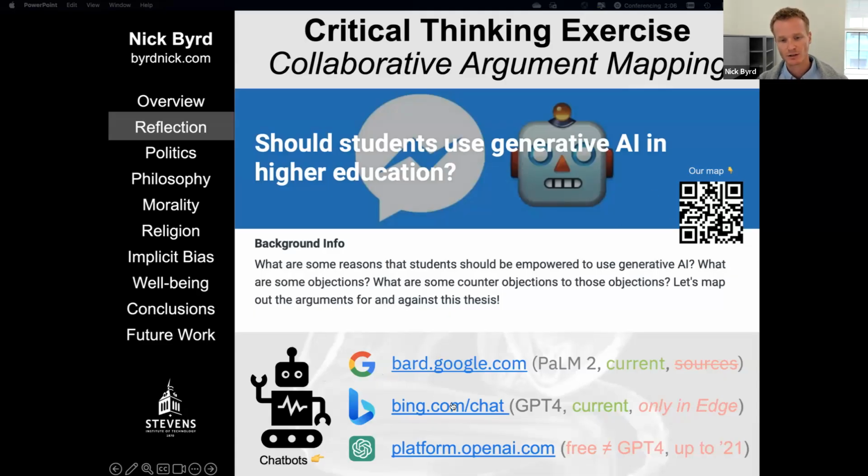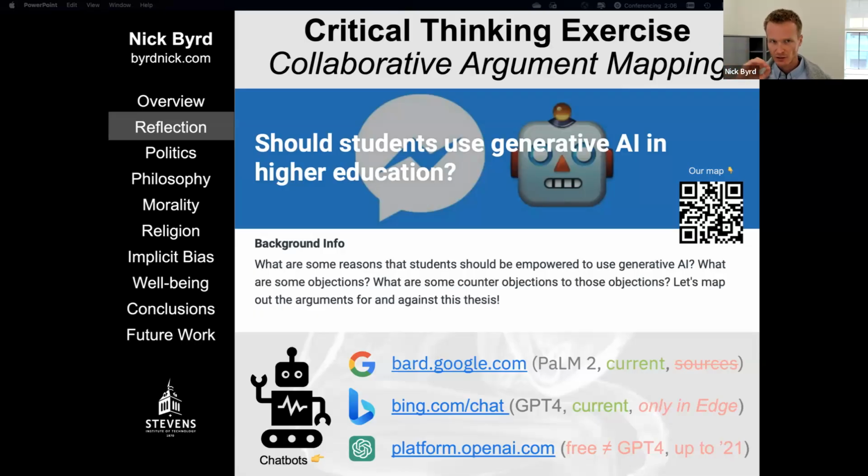I just want to quickly touch on a couple of the most common chatbots that I hear about. So I have Google Bard, Bing Chat, and OpenAI's ChatGPT, and I have the links to them on the page. I just want to point out a few things. One is that Bard and Bing use two different language models.